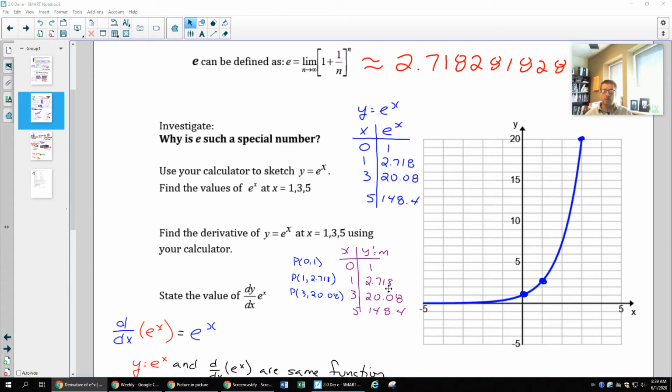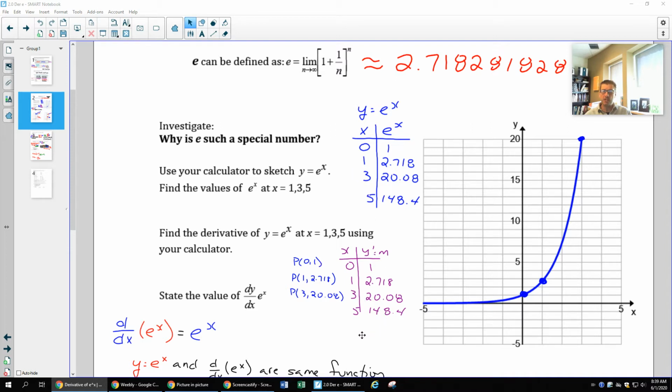And if you keep going, if I put 3 into my calculator, my y prime is 20.08. And you're going, wait a minute, that's kind of neat. What if I put 5 in? If I put 5 in, the slope at 5 is 148.4. But look at all the points.